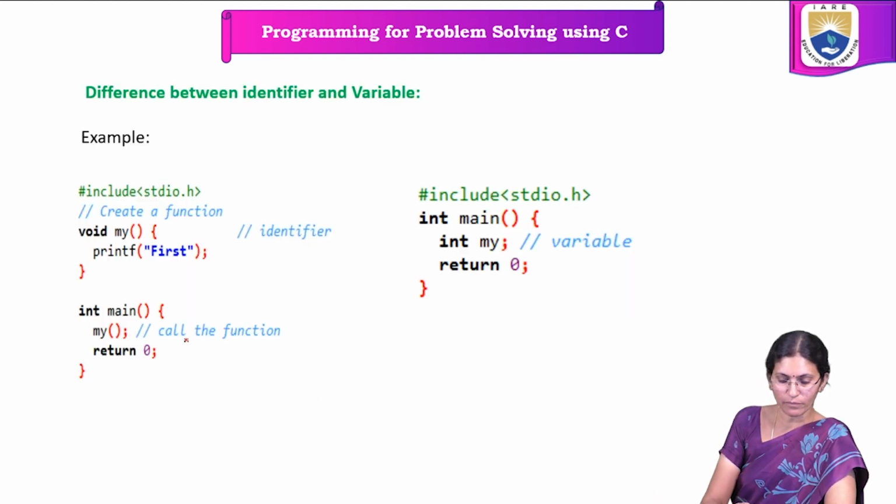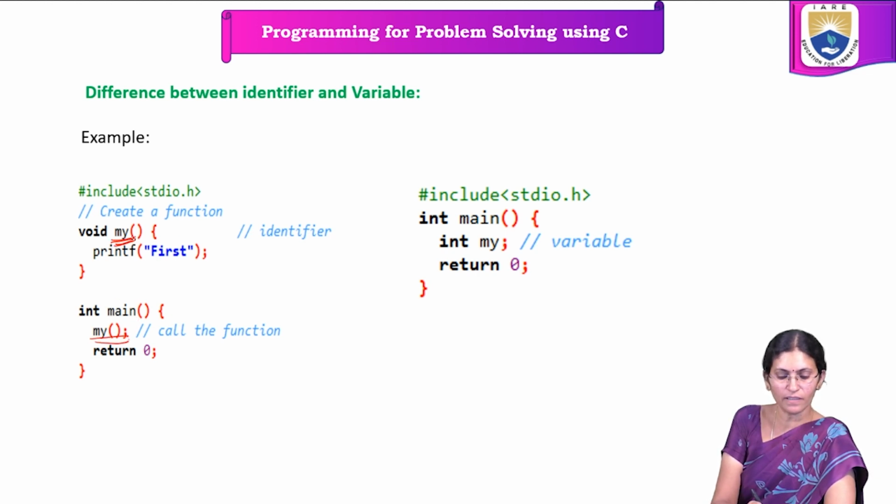Now there is one more example here. In this example, this is a function name, and in the int main function we are calling the function with the same name.